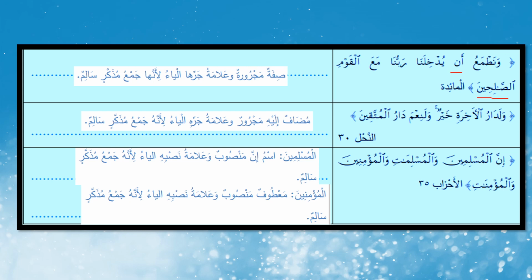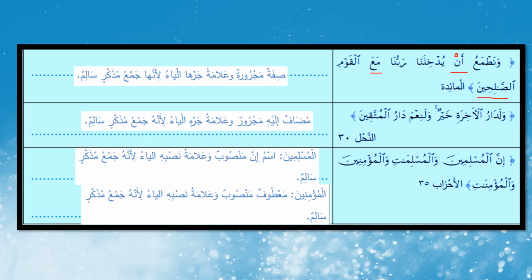Now this an is different from anna. This noon is with sukoon, and this an is not from the sisters of inna, but it comes with the verbs which makes the present tense into mansub case. So this is something that we will learn in the third level, inshallah.